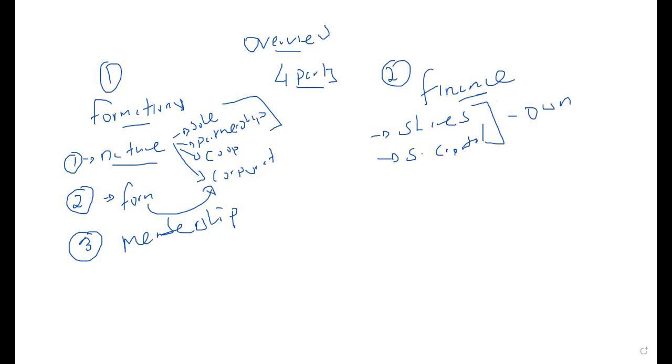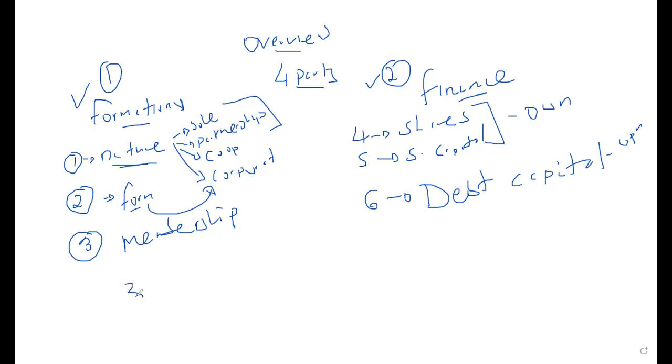You can either finance a company using your own money, or you can finance a company using other people's money. So if you choose to go with other people's money, that's debt capital. So those are the topics: financing a company, do you go with your money or other people's money?